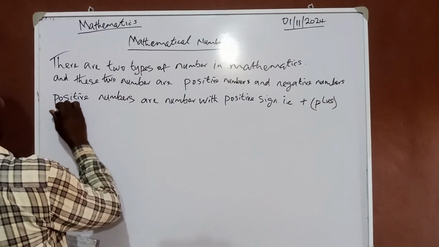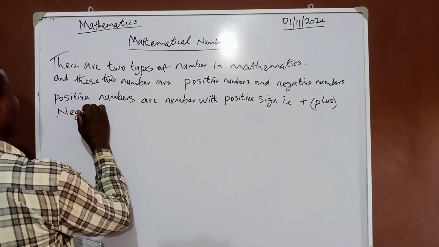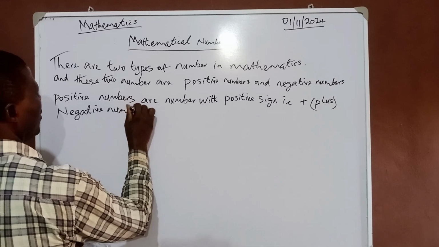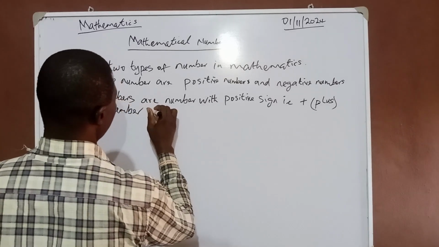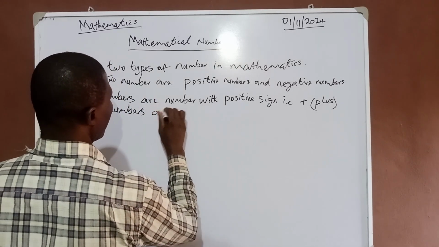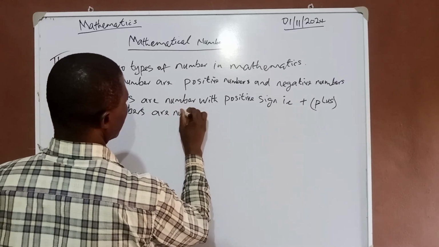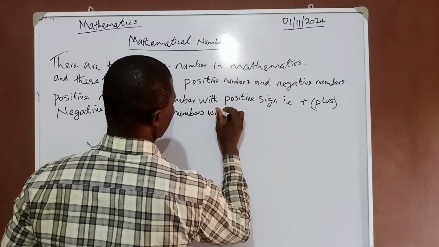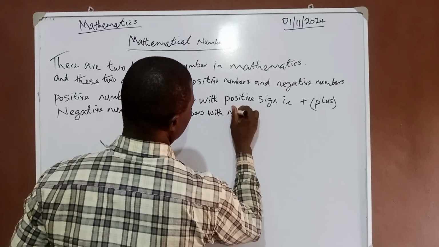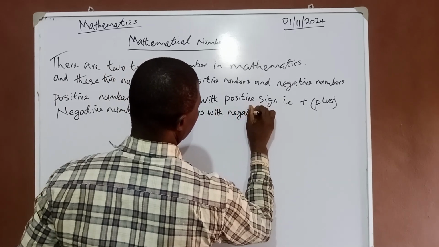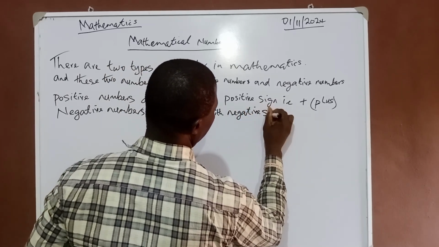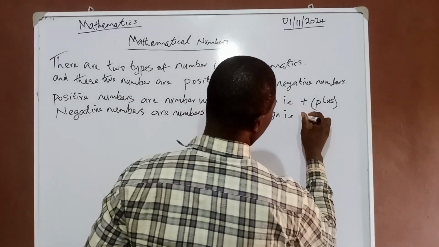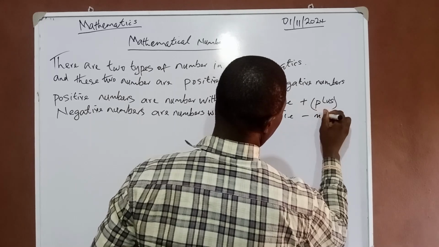Negative numbers are numbers with a negative sign, that is minus.